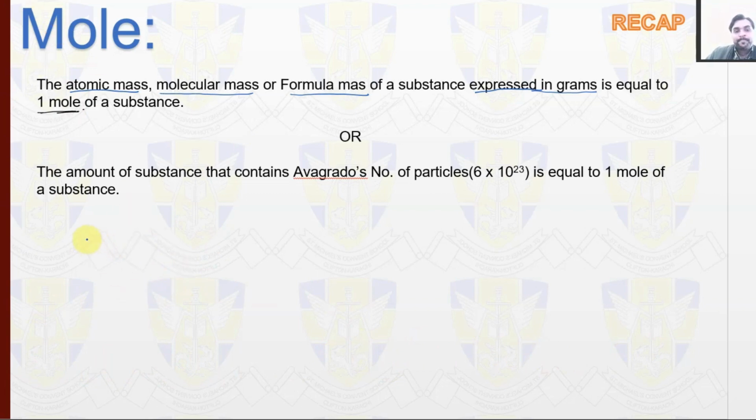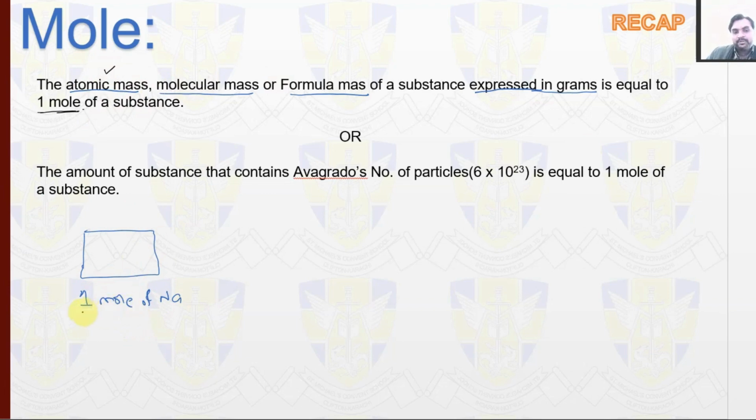So for example, let us take one container, and let's suppose that in that container I have 1 mole of sodium. If I ask you what is the mass of 1 mole of sodium, you all know that 1 mole is equal to the atomic mass of the substance, expressed in grams.